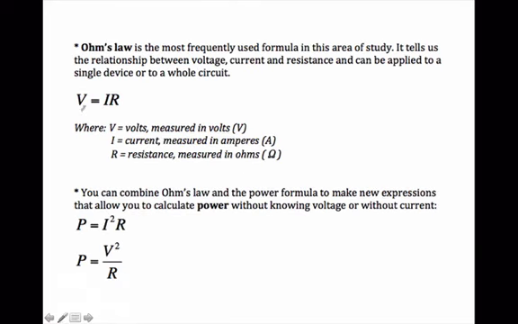And finally we get to Ohm's law, V equals IR. By combining V equals IR and P equals VI together, we can end up with two different versions of the power formula. We've got a formula here that we can use when we don't have a voltage value. We've got current and resistance, and we can still determine power. And conversely, when we don't have a value for current, we can get away with it by using this version of the power formula.